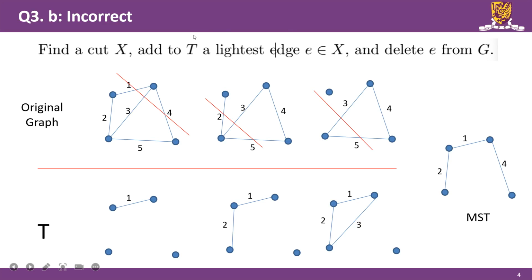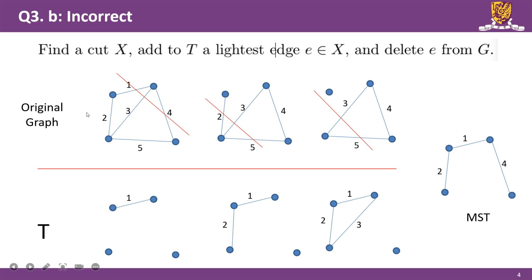The statement of question 3b is to find the cut X and add to the generated minimal spanning tree the lightest edge E from the cut X, and also delete the edge from the original graph. This is also an incorrect algorithm because it has the potential to form a cycle in the generated minimal spanning tree.